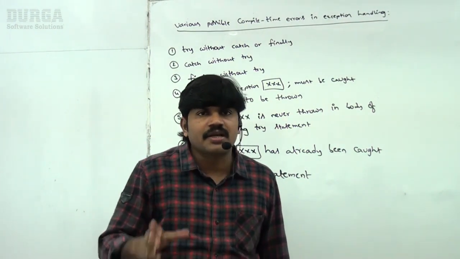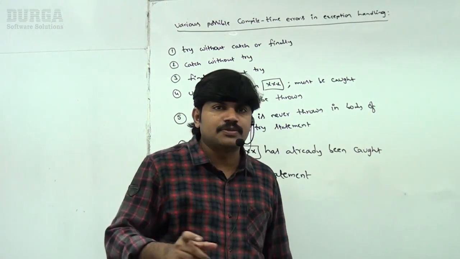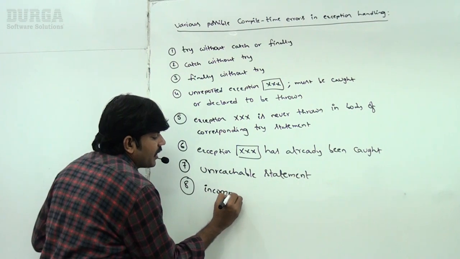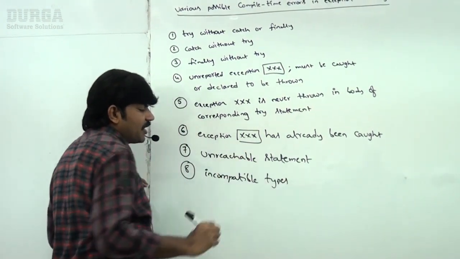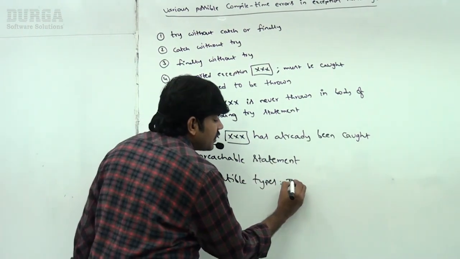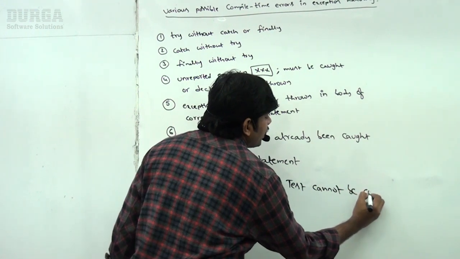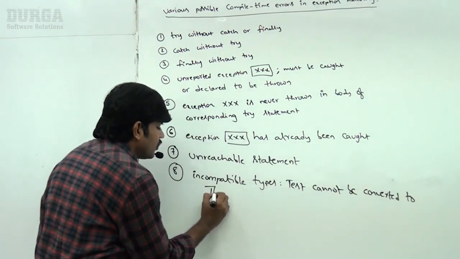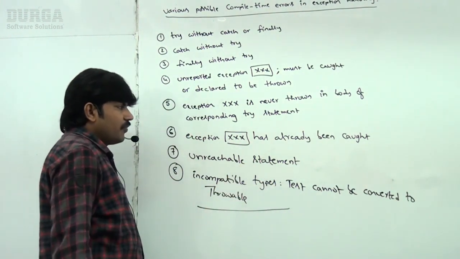By mistake, if you are using throw or throws for non-throwable types, immediately compile time error you are going to get, saying incompatible types: Test cannot be converted to Throwable. This is the compile time error we will get.